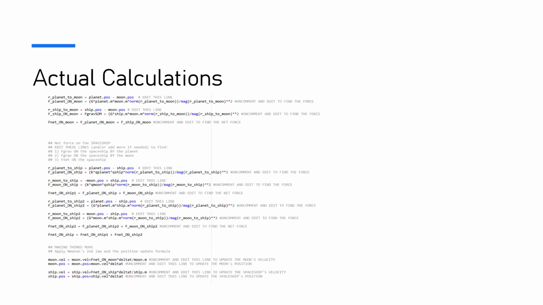For the actual calculations, we used position update and velocity update for the program to know where the planet, the moon, and the ship were at different time intervals. And for that, we have to calculate each individual force that the ship exerts on the moon, that the planet exerts on the moon, that the planet exerts on the ship, and that the moon exerts on the ship.